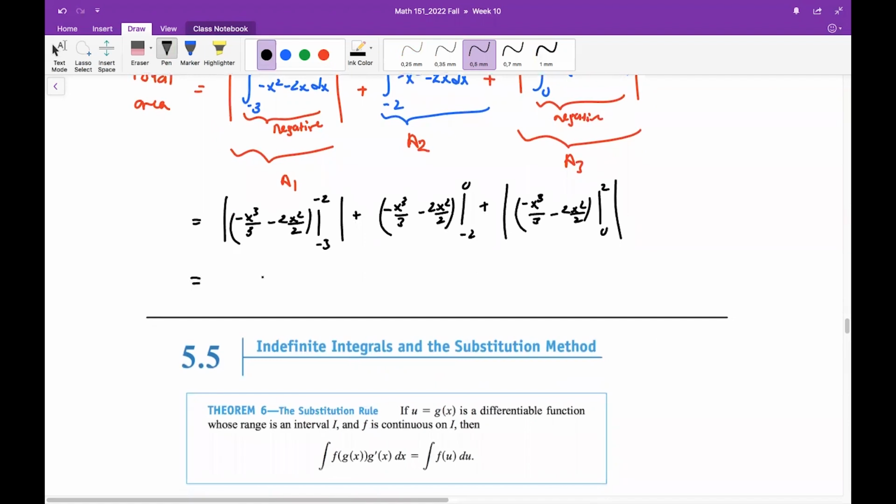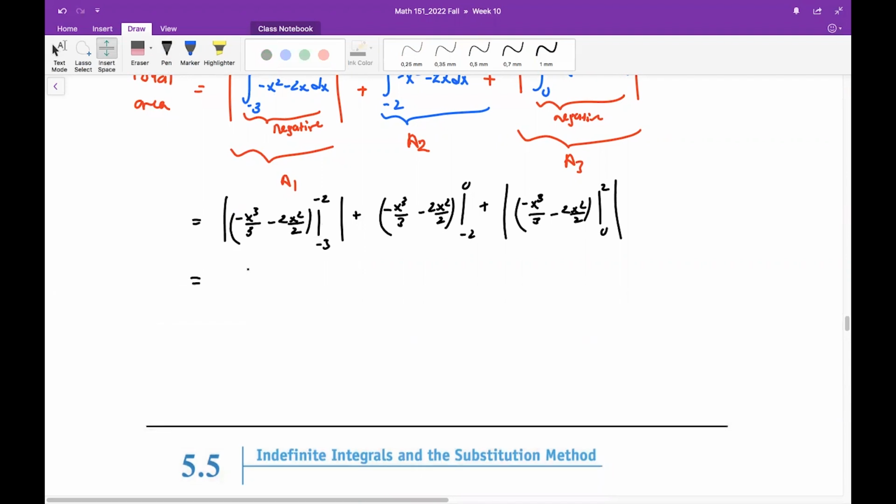So the result will be, you can easily insert -2 first and then -3, and take the difference of the quantities. Let me write one more line and then I can stop. If you insert -2, this part will get -8 over 3 minus, these are gone, -2 times 4, that is -4. This is then minus, now you insert -3. This is where I inserted -2, now I will insert -3.